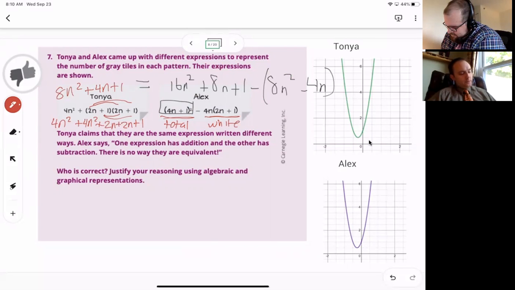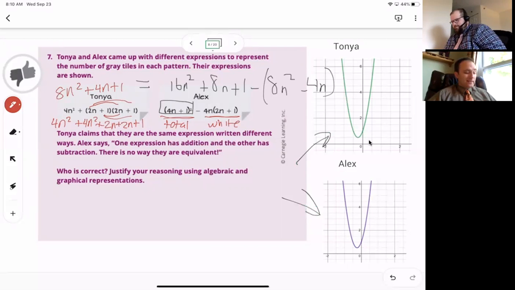And then we put graphs over here of Tanya's and Alex's. Those look like they're the same graph. They do. And I noticed that if I were to combine Alex's like terms, 16n squared minus 8n squared gives me the same thing Tanya had for 8n squared. 8n minus 4n gives me the 4n. Plus 1 gives me plus 1.